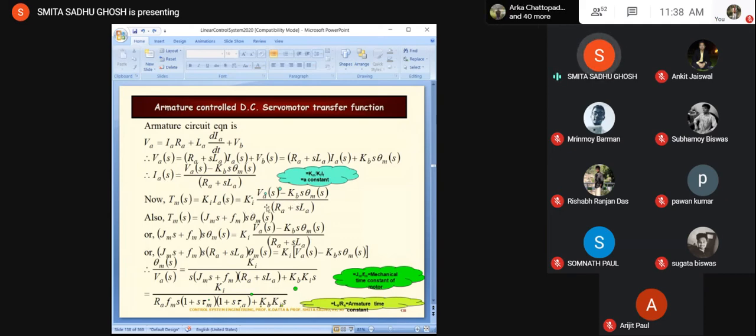So now if we equate the two torques and then try to collect terms, we have (Jm s plus Fm) whole into s theta m(s) is equal to this on the right hand side.